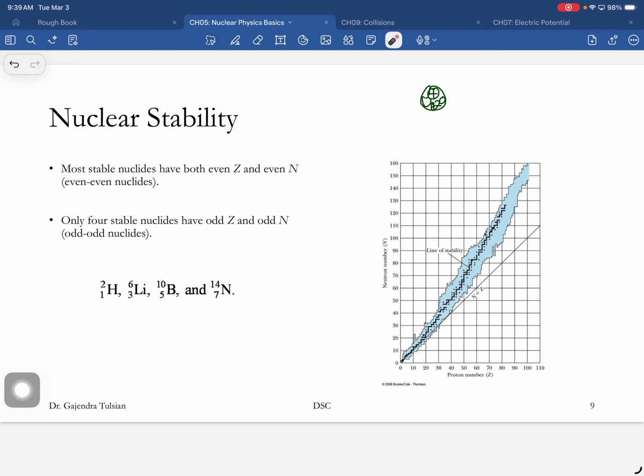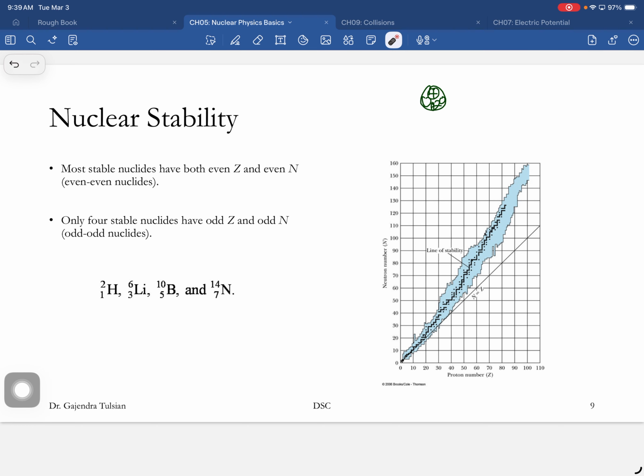So if a nucleus is here, losing 2 protons makes it go 2 units to the left, and emitting 2 neutrons makes it go 2 units down. So it tries to get towards stability. Essentially it moves diagonally down when it emits an alpha particle.